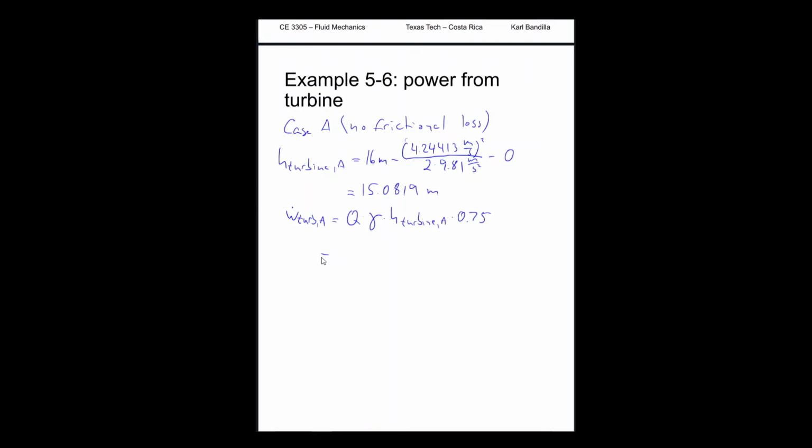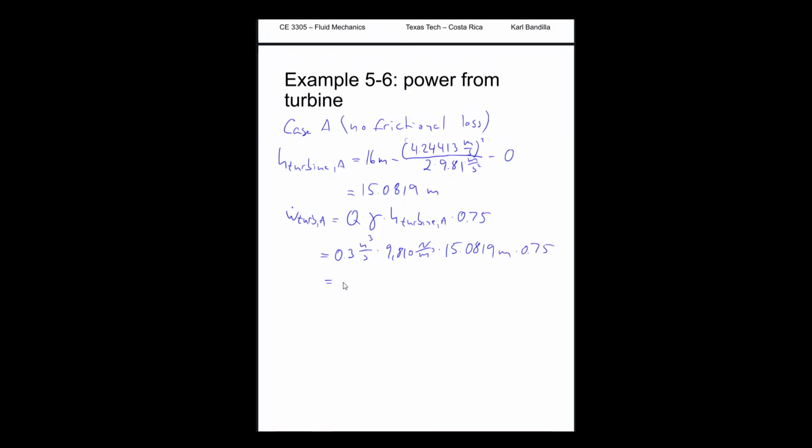All right, so we can plug in our numbers, 0.3 cubic meters per second times 9,810 Newton per cubic meters times our whole thing here, 15.0819 meters. Oops, let's not forget the 0.75.